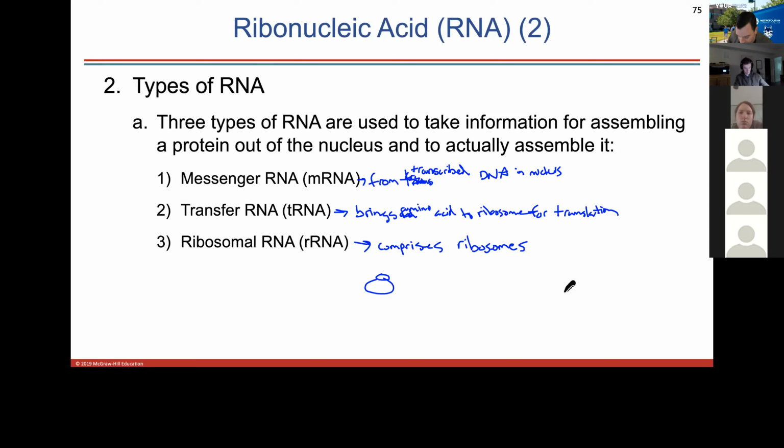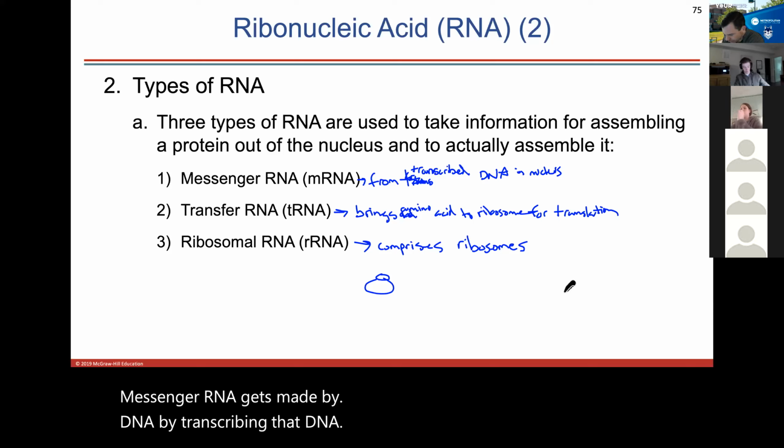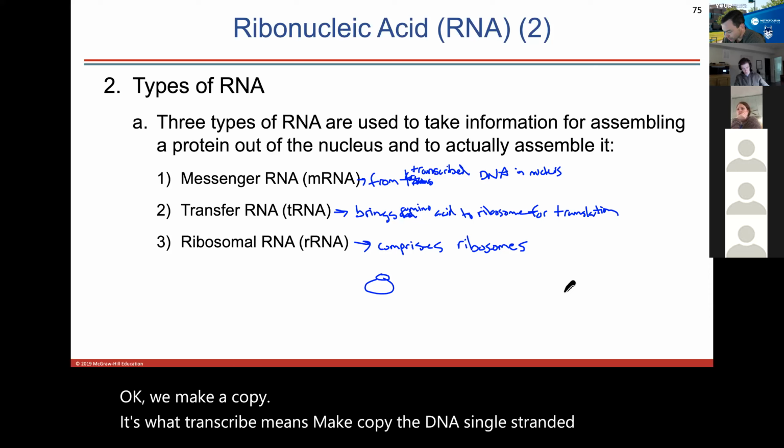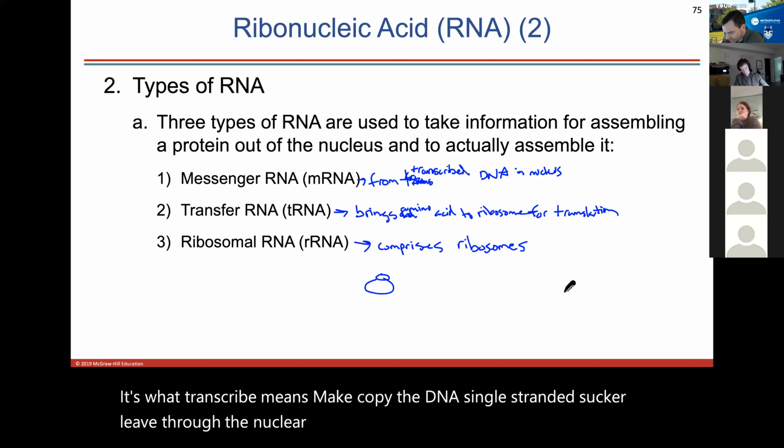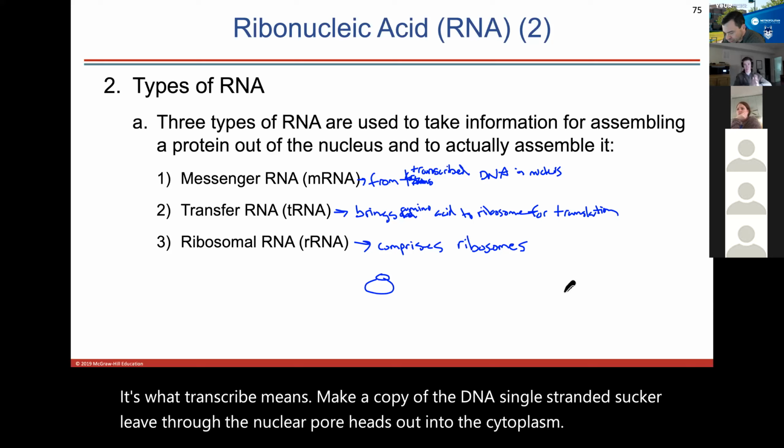Messenger RNA gets made by the DNA, by transcribing that DNA. Okay, we make a copy. That's what transcribe means. Make a copy of the DNA, single-stranded, leaves through the nuclear pore, heads out into the cytoplasm, goes to a ribosome.